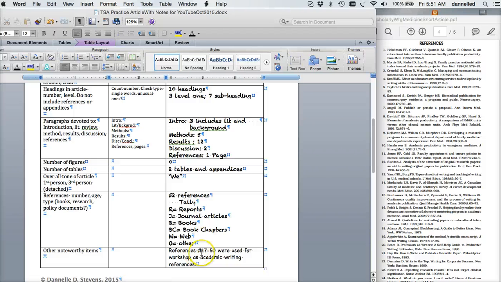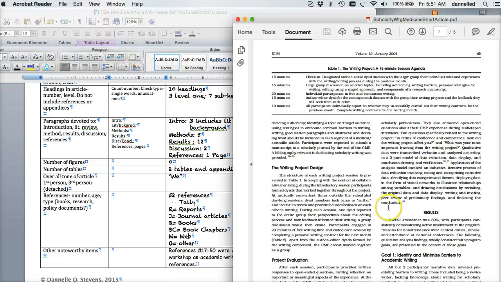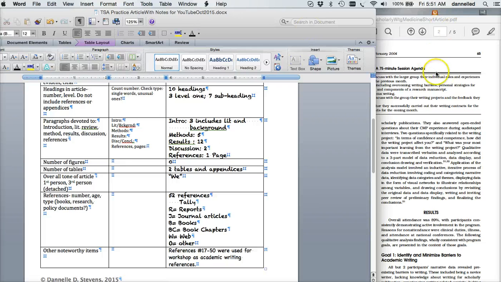And then when I looked more closely at the article itself, I noticed that this line, a bibliography relevant to facilitating scholarly writing, was provided, number 71 to 50. So they actually gave faculty a bibliography on academic writing, helping them become students of academic writing, and that was included in the references.